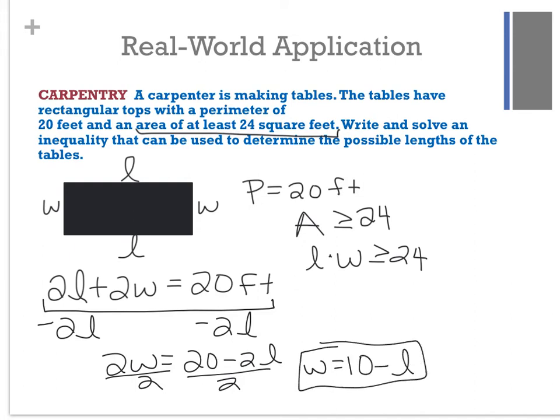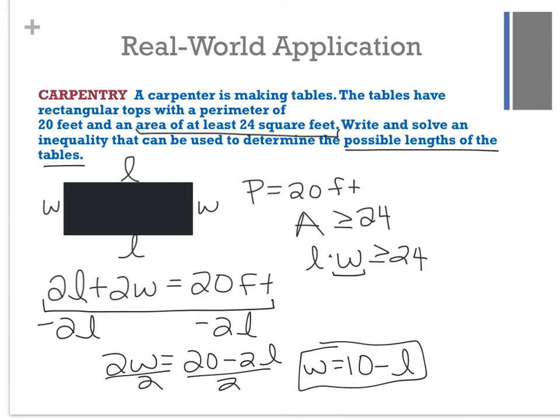Now, the reason why I solved that equation for W is because we ultimately want to know what the possible lengths are of the tables. And in order to do that, I need to eliminate the W in our inequality for the area.